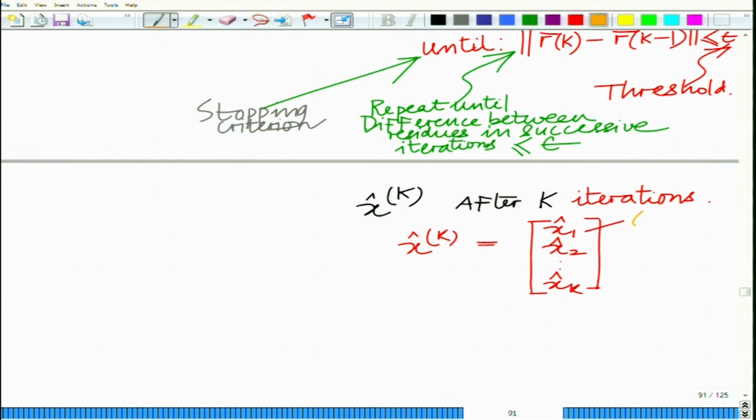For instance, the first one corresponds to column phi tilde I 1, the second one corresponds to column phi tilde I 2, and the last one corresponds to column phi tilde I k, and so on.